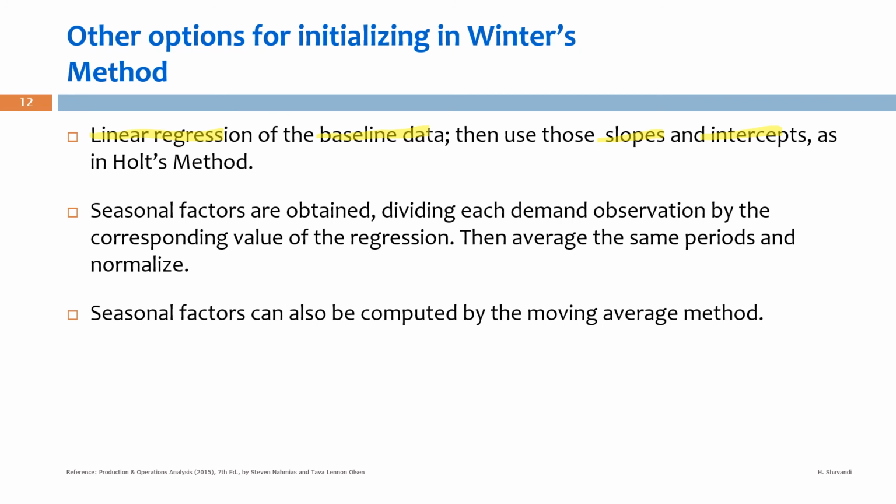Then the seasonal factors can be obtained by dividing each observed demand by the corresponding value of the regression model, then we take the average over the same period, and then we do normalization like before. Also, seasonal factors can be computed by the moving average method like we did before in this part.